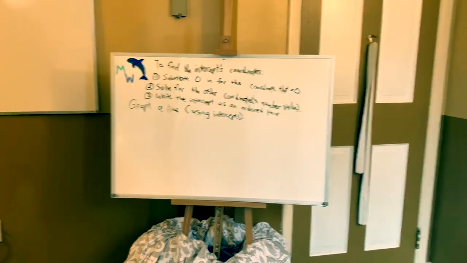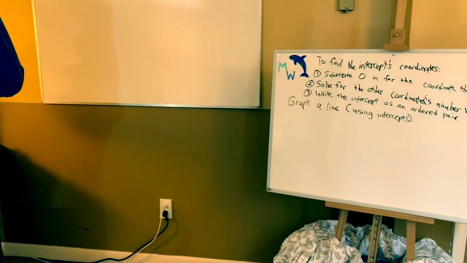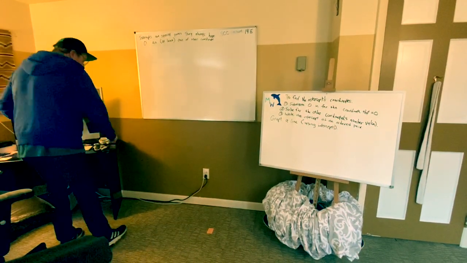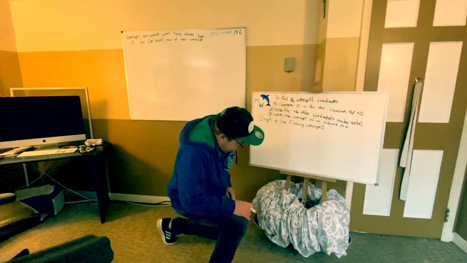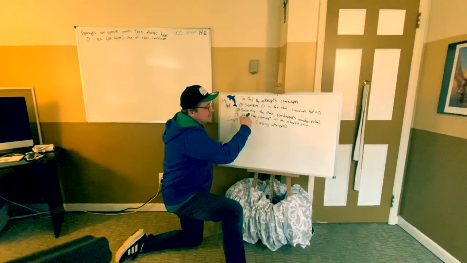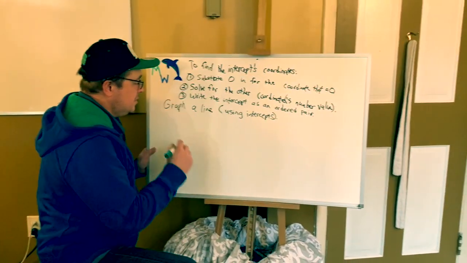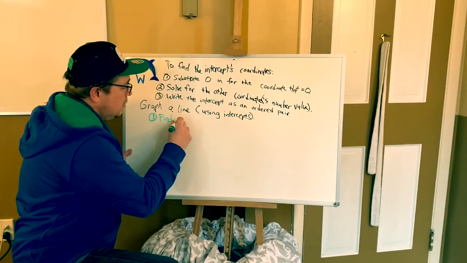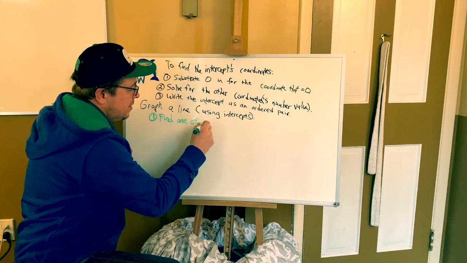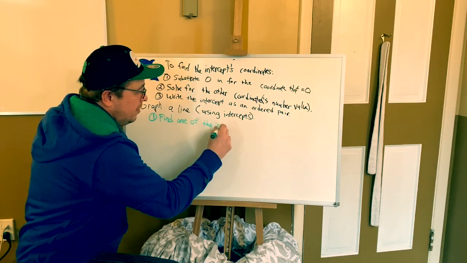So what we're going to do, I'm going to pick up the green, and it's going to be how I start. And this tells you how we're going to find the coordinates of an intercept. So number 1 is find one of the intercepts. That's an ordered pair.